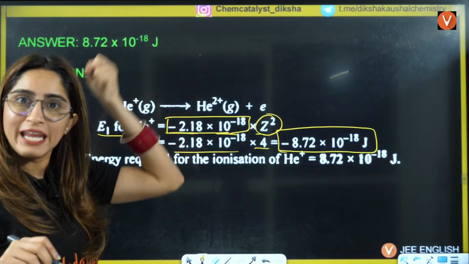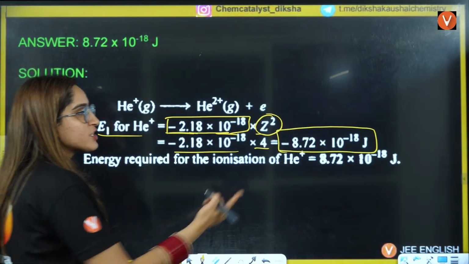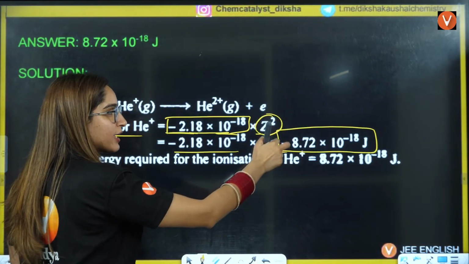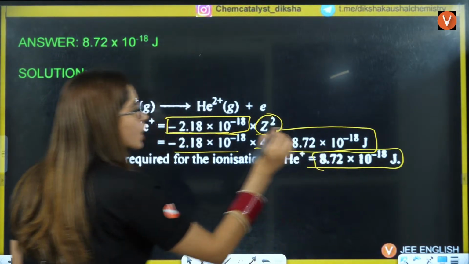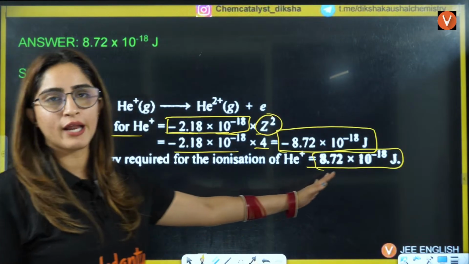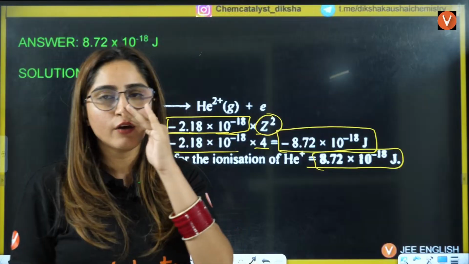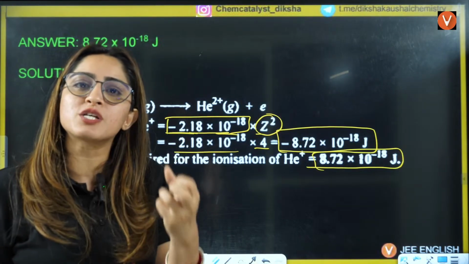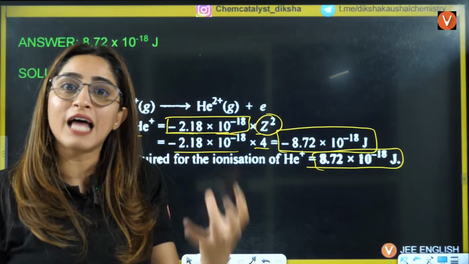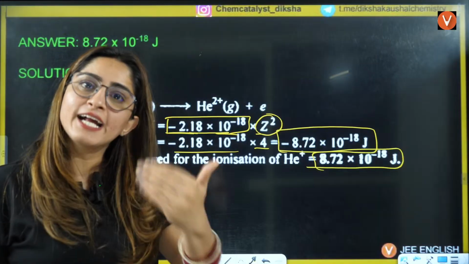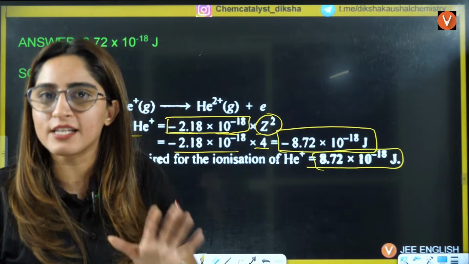So when you have to remove that electron, ionization energy will be minus of that, so that will be positive in sign. So the answer will be 8.78 into 10 raised to power minus 18. Remember that whenever they ask you ionization energy, you just have to calculate the energy of that electron. Negative of that will be the ionization enthalpy.